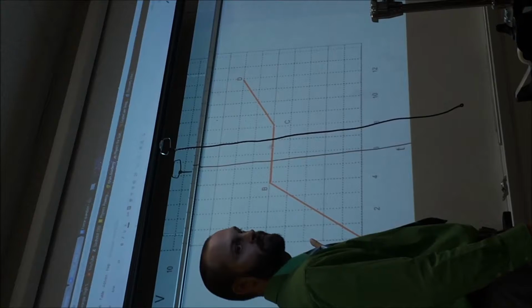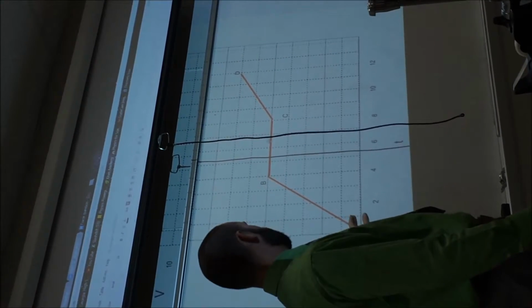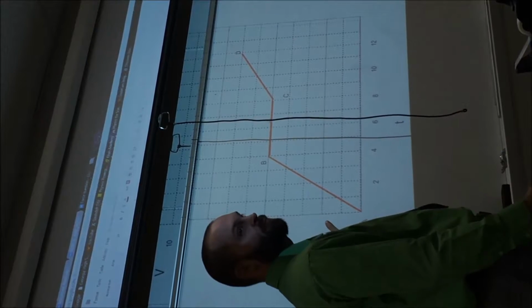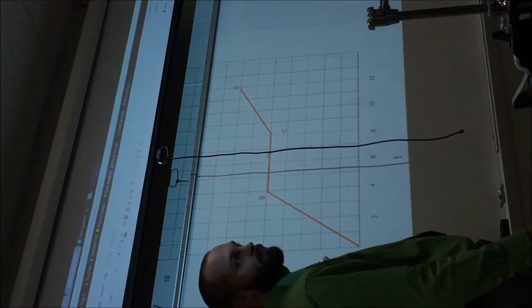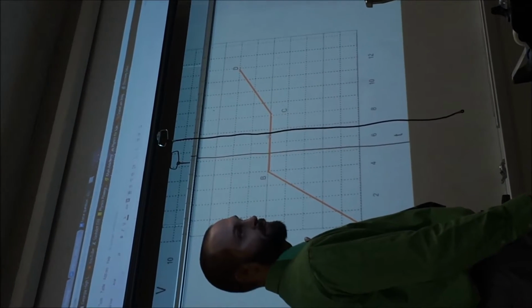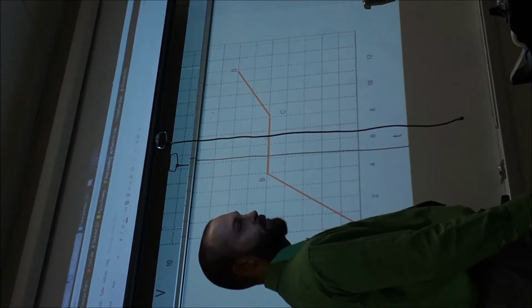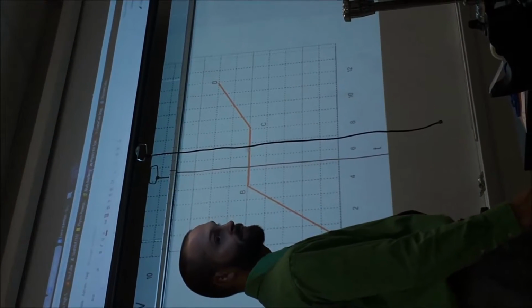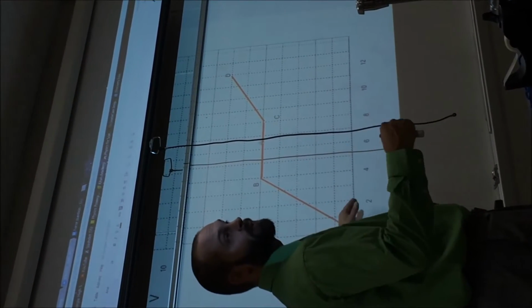What's the question? I didn't get it. The slope of this line in a velocity versus time graph, you remember what that equals? What's it equal to? Rise over run, yeah. So it's a change in velocity over a change in time. What formula is that? Acceleration.